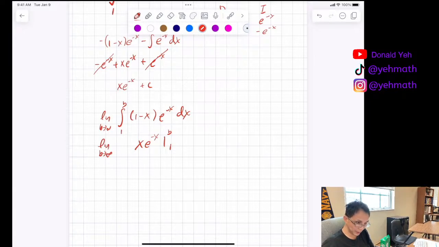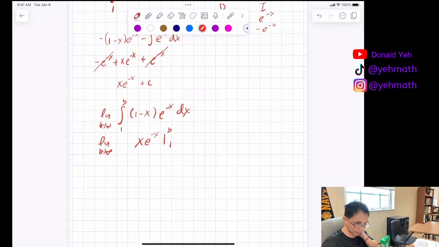Now you see here, it's probably better to just move this e to the negative x to the bottom. Yes, that's cool. So you kind of see it beforehand.